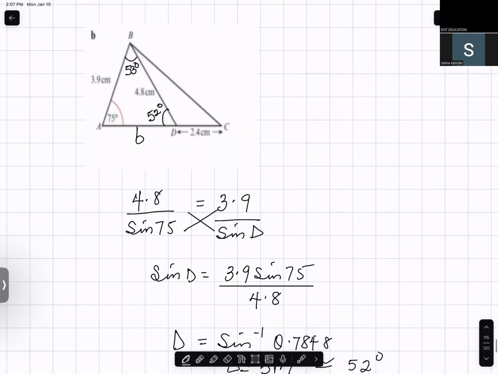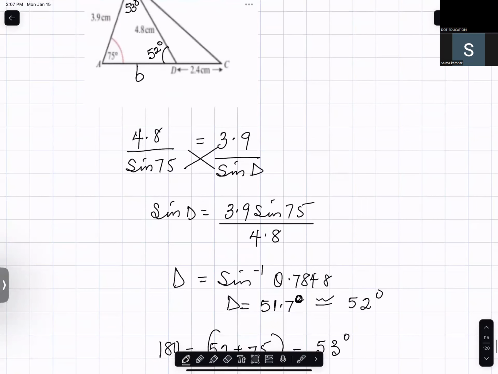So my B is 4 cm. If you take a look at the triangle, I'm going to add up the entire length AC.